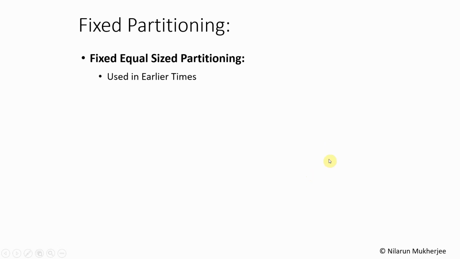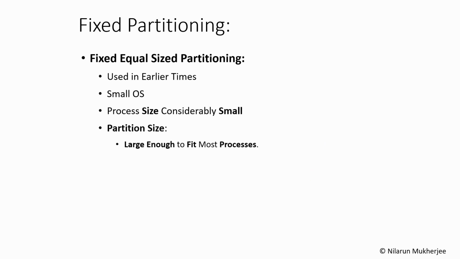It was used in earlier times for small operating systems, when we had 8-bit or 16-bit systems. The process size was considerably small. Partition size is large enough to fit most of the processes, which range from 4 KB, 2 KB, 6 KB, like that.